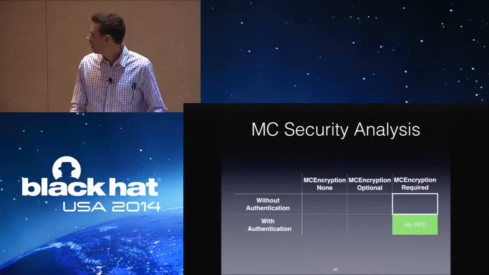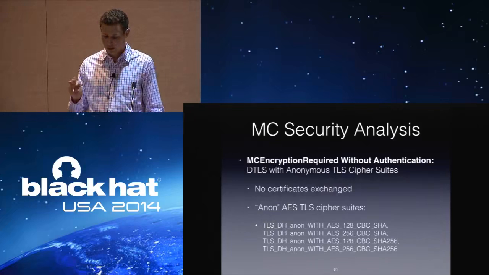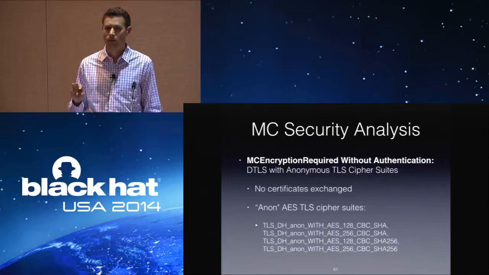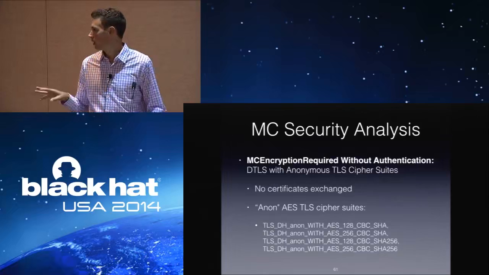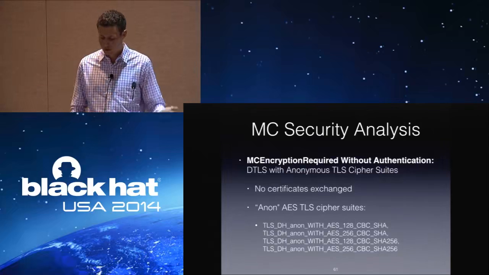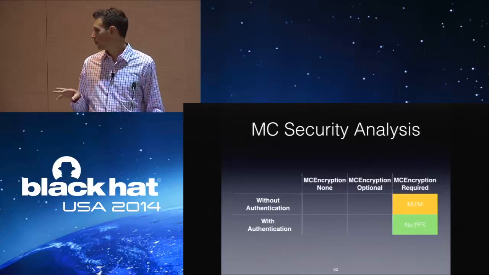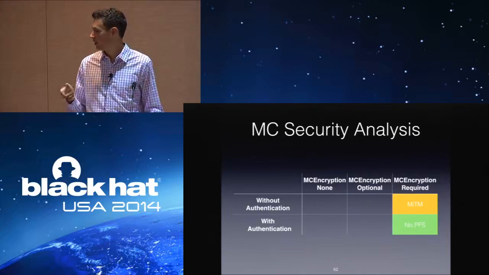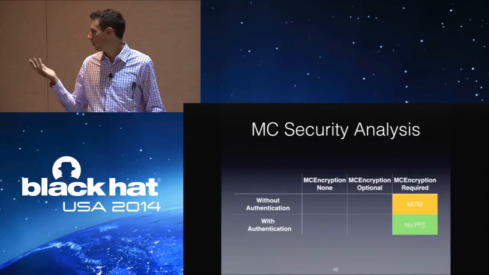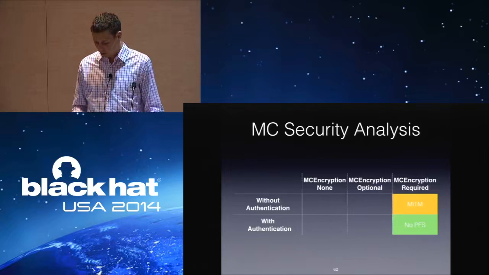If you look at encryption required without authentication, you get DTLS, but this time it's using the anonymous cipher suite. So no certificates are exchanged. That's how these cipher suites work. So of course, you're vulnerable to man-in-the-middle attacks. Still no surprises there, because when you set these settings, you did specify that you didn't want authentication. So it's kind of expected, but it's good to know how it actually works.